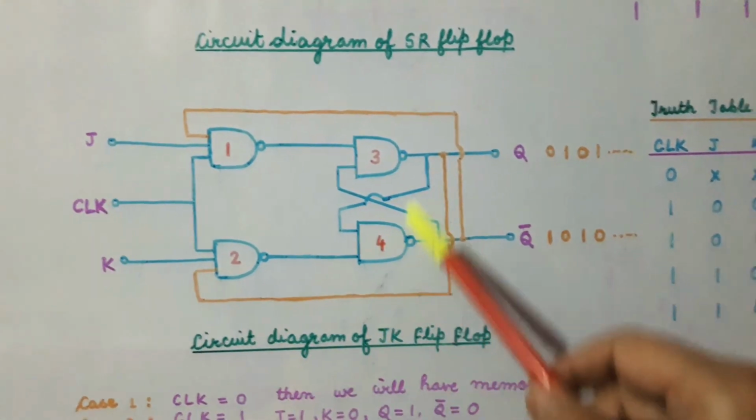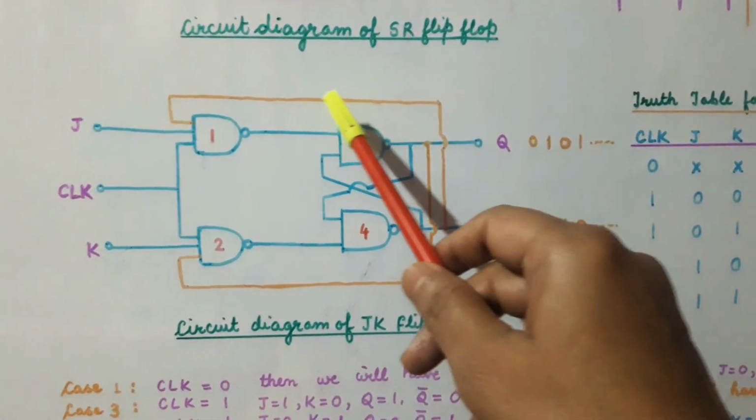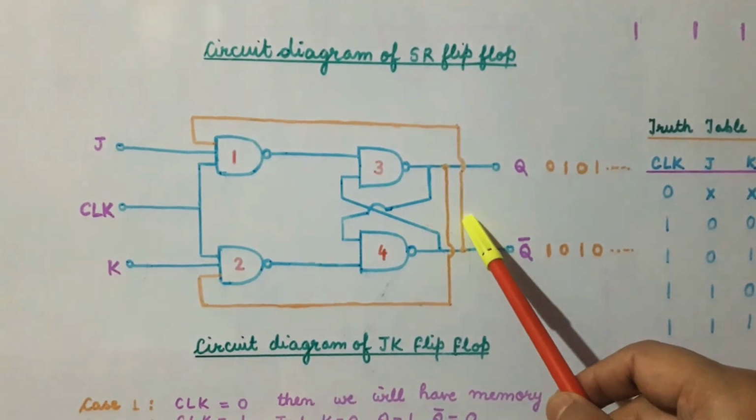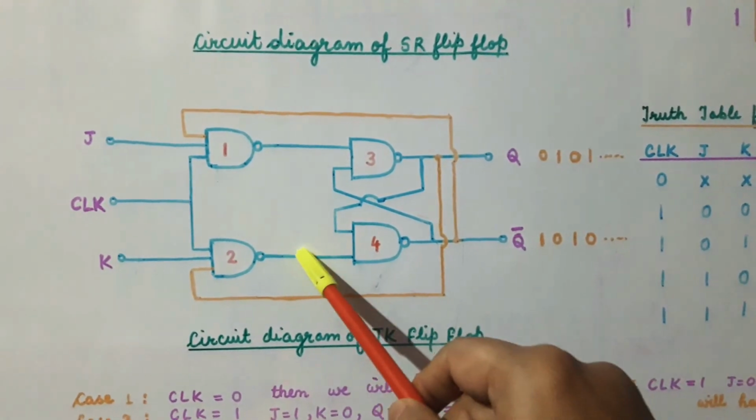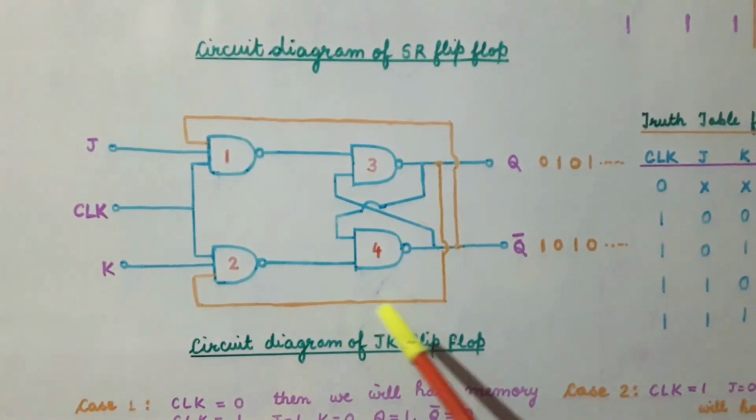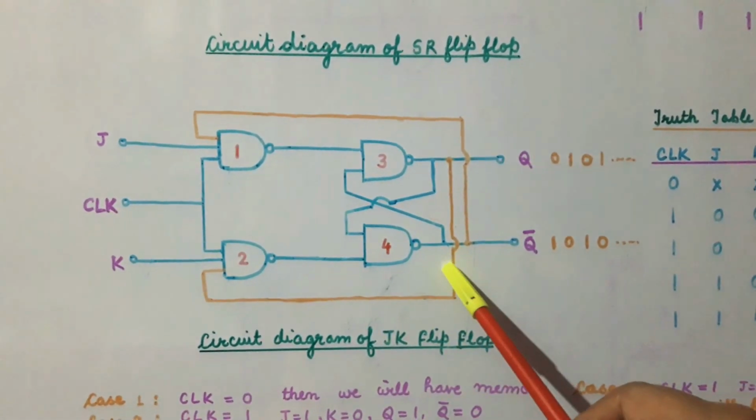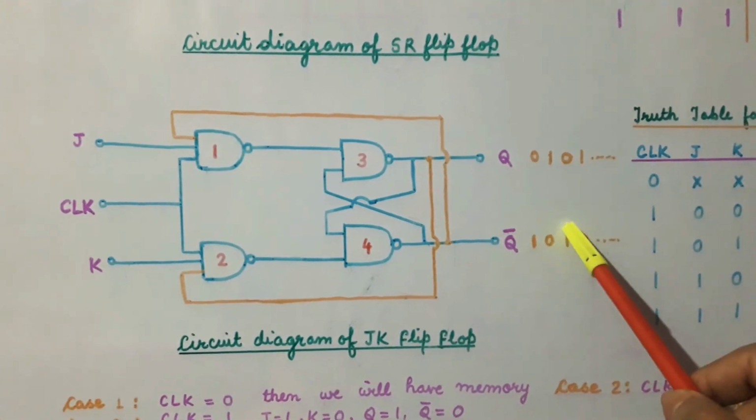Now again if we do the analysis in a similar way, we find that we will be getting a value 1 here and a value 0 here, and from the truth table of the SR NAND latch we find that the output will be 0 and 1.